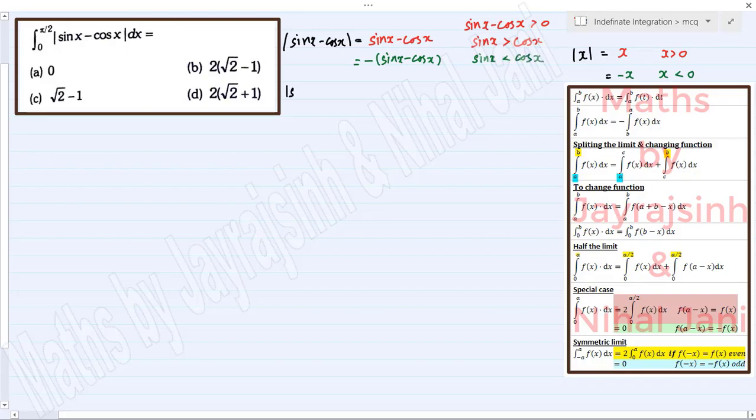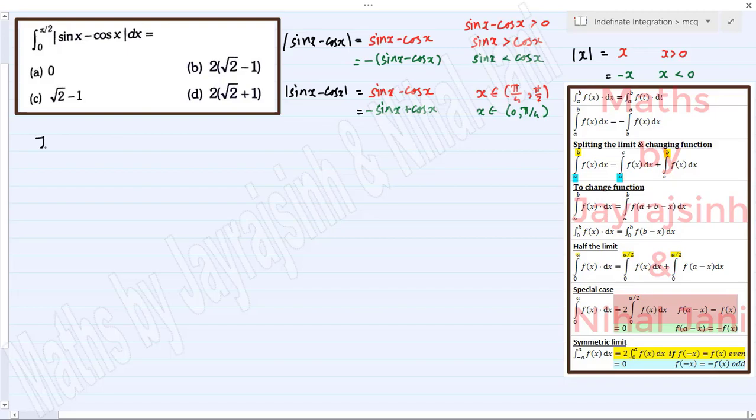So we can say |sin x − cos x| will be sin x − cos x for x belongs to π/4 to π/2, and it will be equal to −sin x + cos x for x belongs to 0 to π/4.